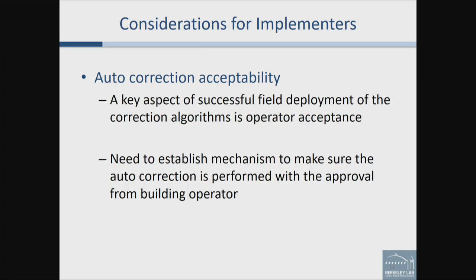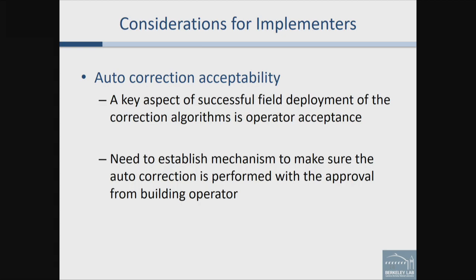The first very important feedback is that we need to be very careful about the opinion of the building operators. Before we make any changes to the control system, we need to have the acceptance and approval of the building operator.